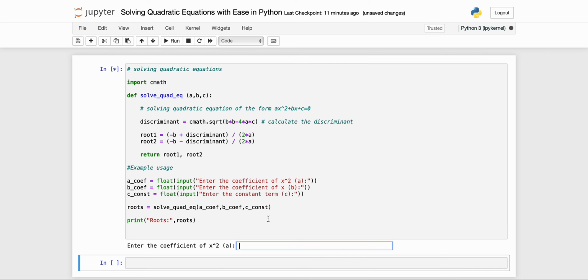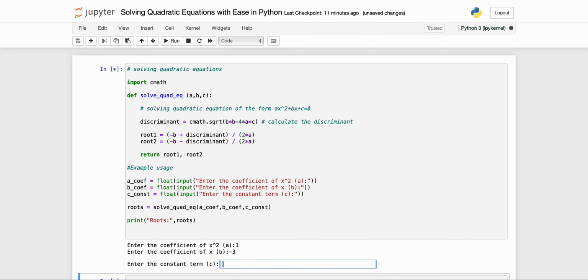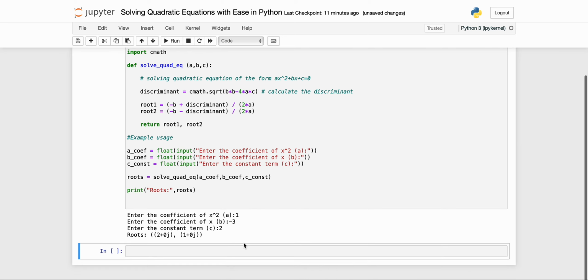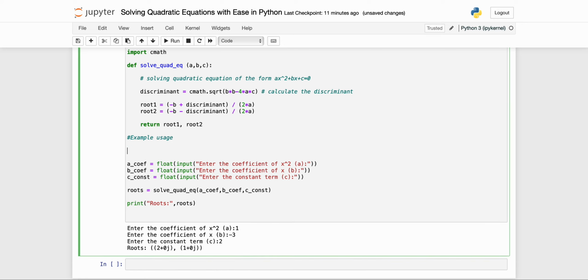We enter 1, negative 3, and positive 2. Once you enter those, now you have the roots: 2 and 1. So positive 1 and positive 2 is the solution of this quadratic equation, x squared minus 3x plus 2 is equal to 0.